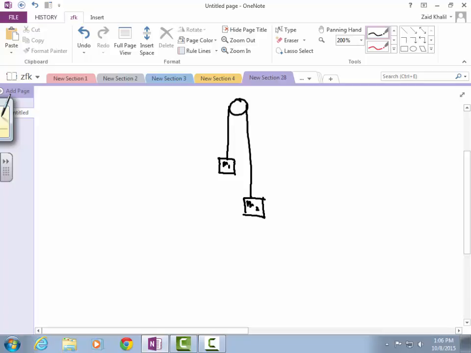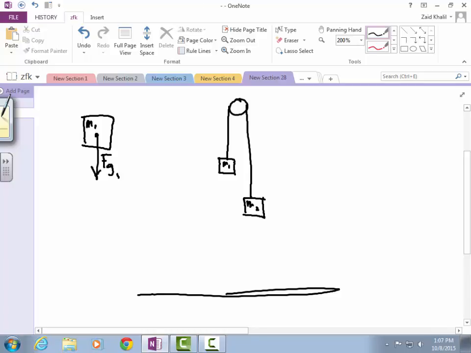Guess what you do? Free body diagram. Which body? M1. Forces on M1 are gravity and what else? I can't hear you. Tension is correct.